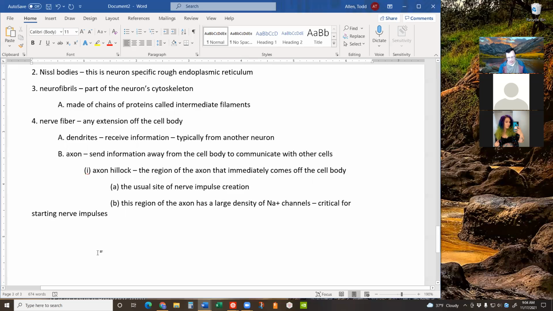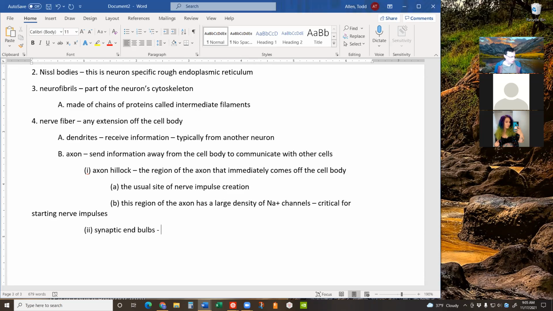Okay. The second thing I would draw your attention to here in regards to the axon, so we've defined the axon hillock, right? The second thing, which you already know about, are the synaptic end bulbs. We talked about the synaptic end bulbs with the neuromuscular junction. The synaptic end bulbs represent the very end of the axon terminals.